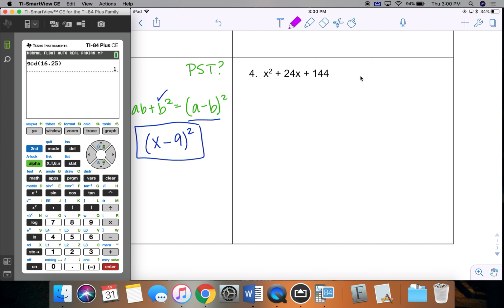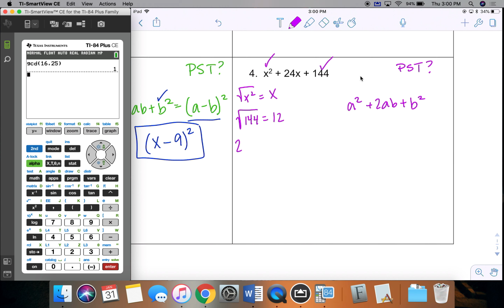So problem 4, looking for a GCF. I have a leading term of 1, so there is no GCF. This has 3 terms, so let me see if it is a perfect square. So can I take the square root of a squared? Yes, I can. If the back is b squared, can I take the square root? Yes, I can.